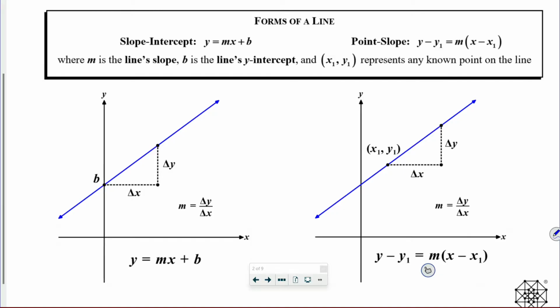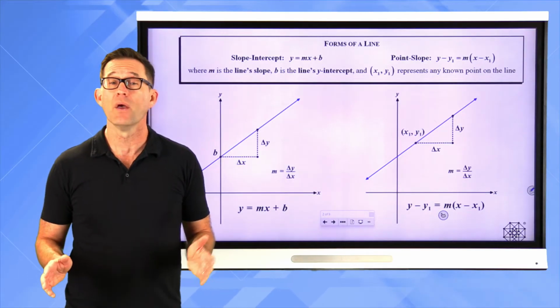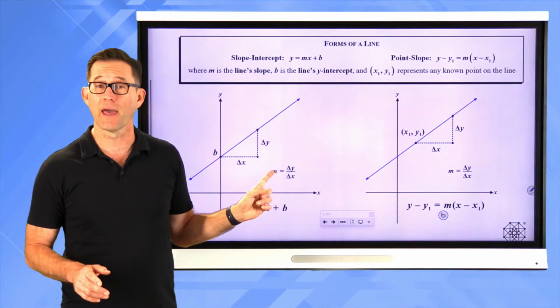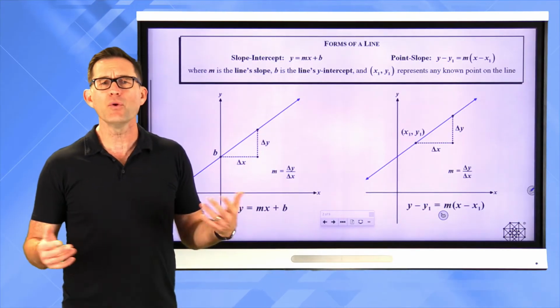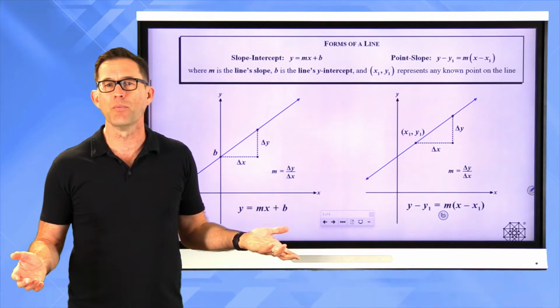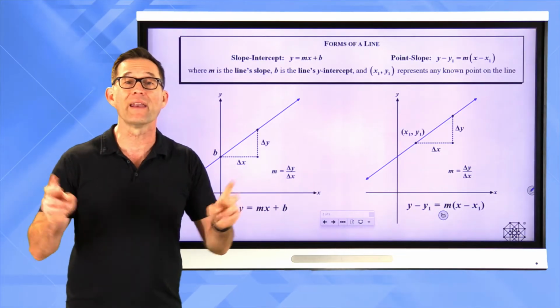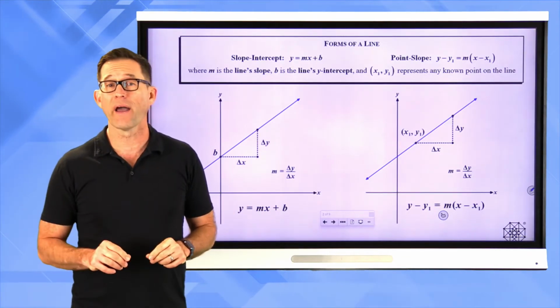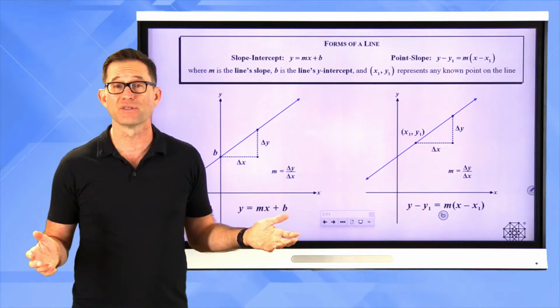On the other hand, in the point slope form, m still maintains the meaning of the slope, whereas x1, y1 is a specific point that lies on the line, and it can be any point that lies on the line. The slope-intercept form is really handy if you know the rate of change, the slope, and you know where the line starts on the y-axis, i.e. what its y-intercept is.